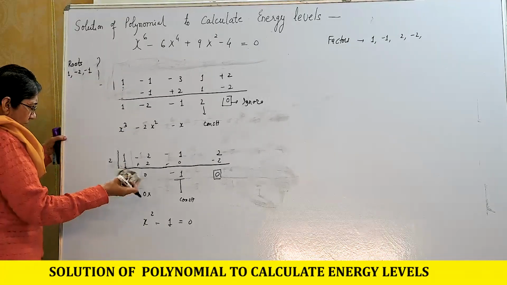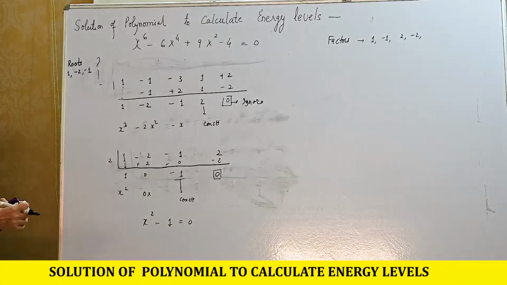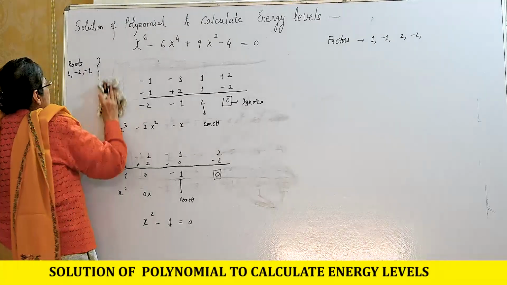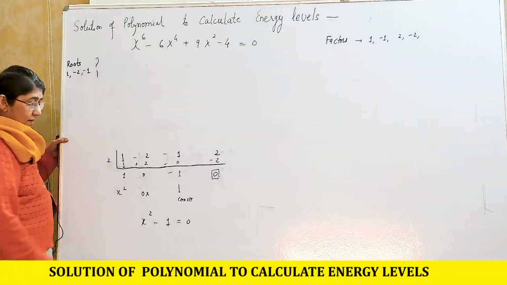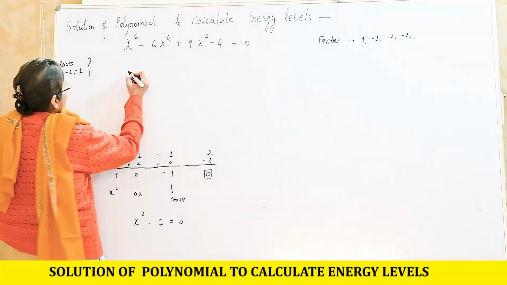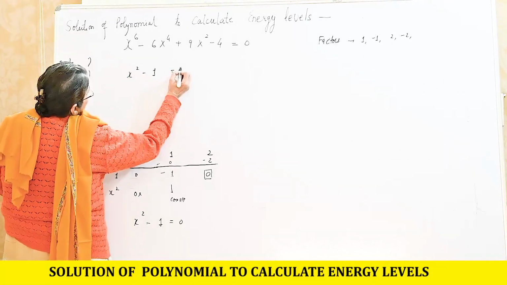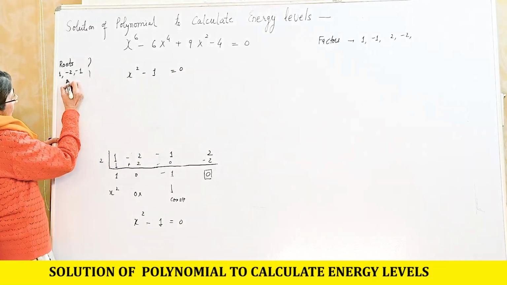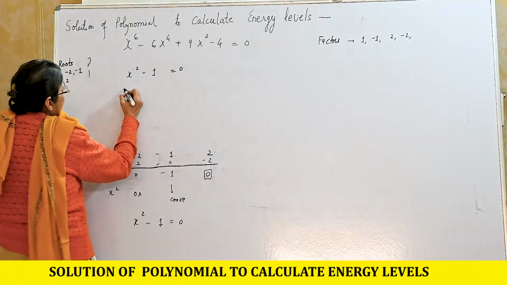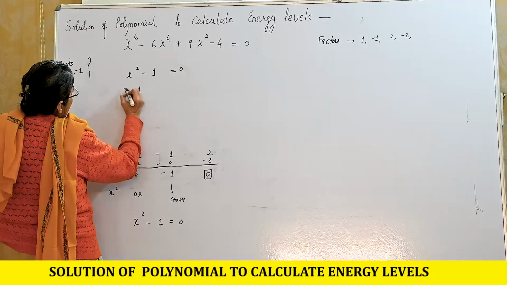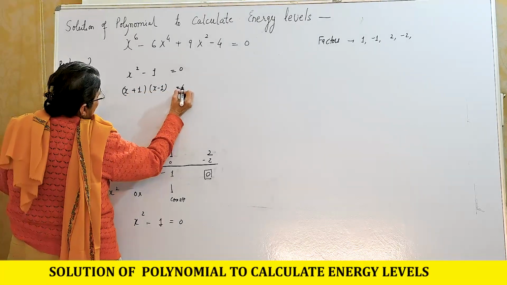So in this way, now here we get x square minus 1 is equal to 0. So the fourth root is 2, and it is x plus 1, x minus 1 is equal to 0.